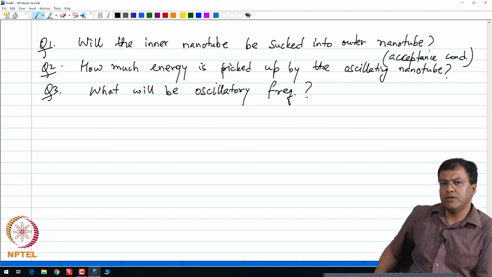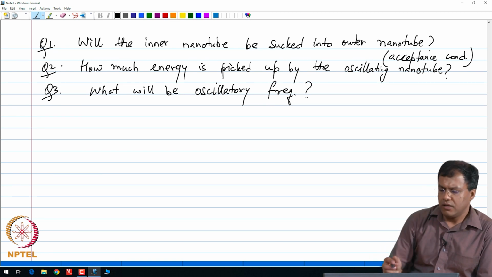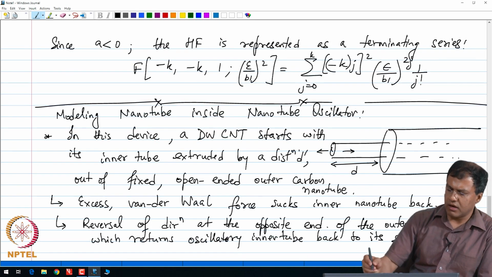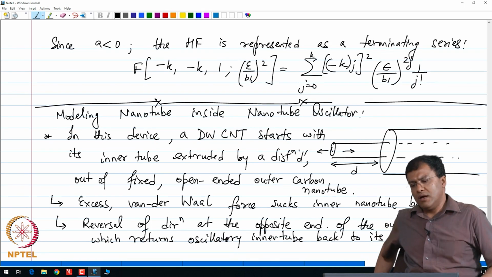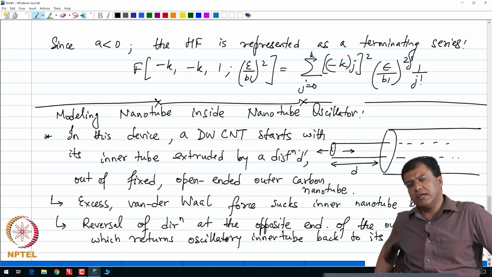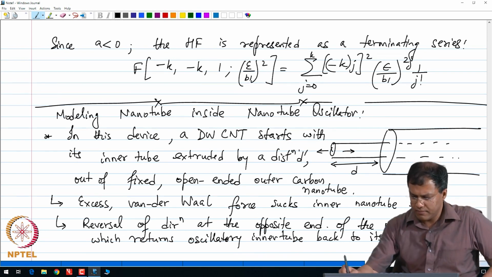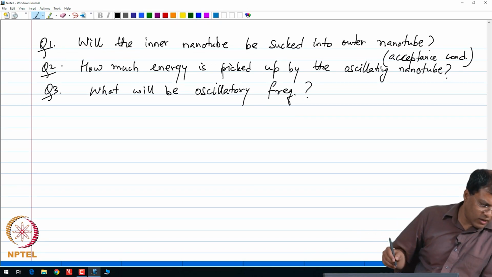Okay. So, which means that the outer portion, so again let us go back to the diagram, the outer portion of the inner nanotube does not contribute to the interaction energy of the motion of these nanotubes.